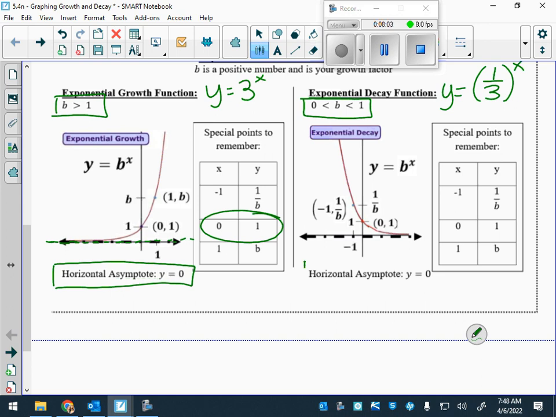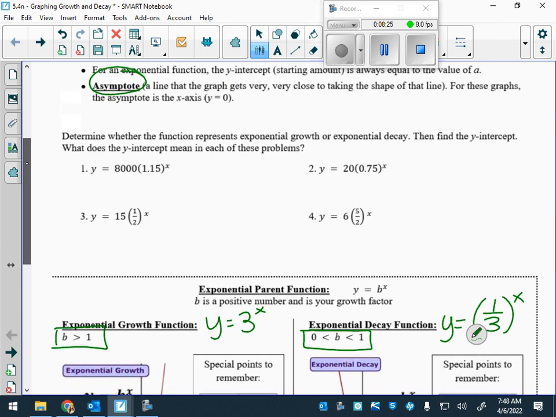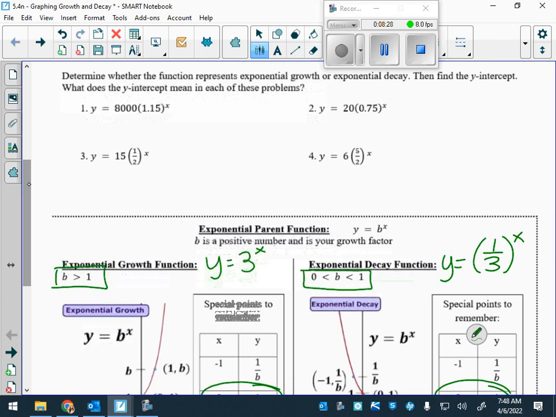But your horizontal asymptote for decay functions is the same, your boundary is still y equals 0, and for now, your y-intercept is still the same. So they have a lot of similarities. The directions are just different. All right, so first thing to do is identify if it's exponential growth or decay. We look at that by the b value. Here's the b value for this first one.